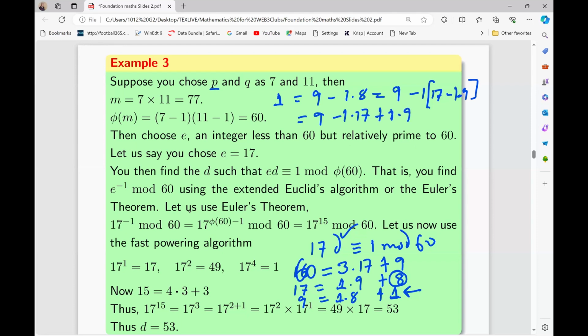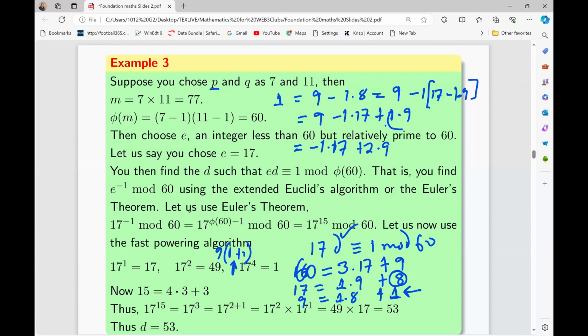Collecting like terms, the 9s together, you have negative 1 multiplied by 17, and then plus 2 multiplied by 9. Where did I get the 2 from? I just factorized 9 outside, and 9 goes into itself once. And this other 9 goes into that again once. So that 2 is this.